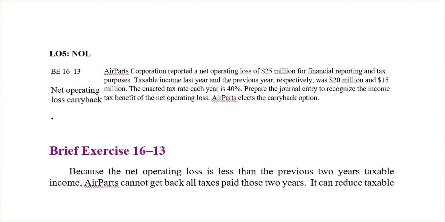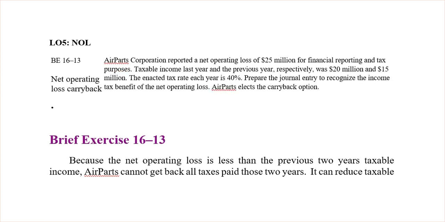So in this instance, though, we have a problem, because we had 25 million in loss, but going back the 2 years, there was 20 and 15, or 35 million in income. So we can only get back the amount of our loss, and then only the taxes on our loss.